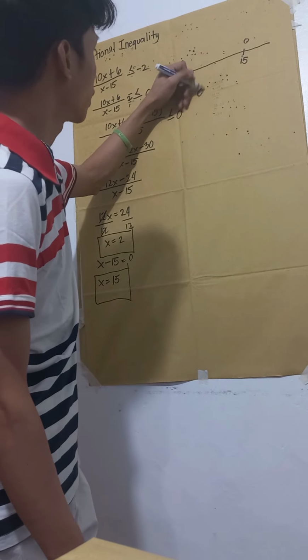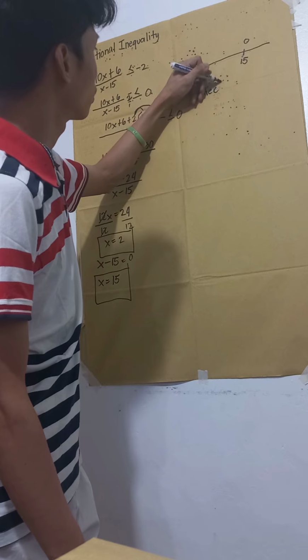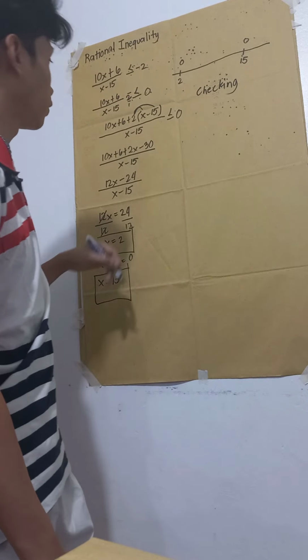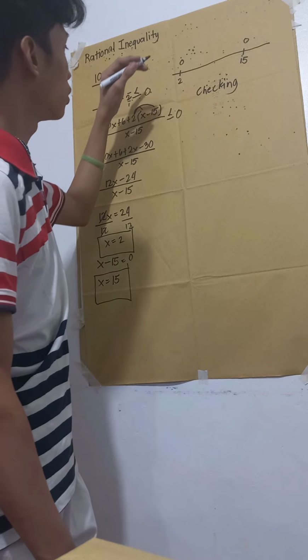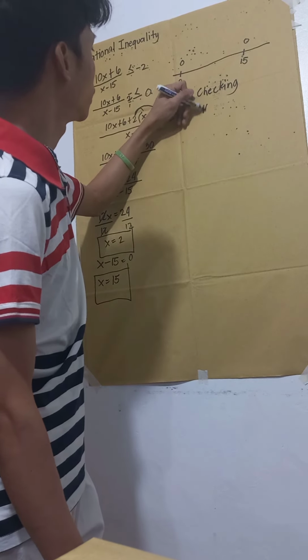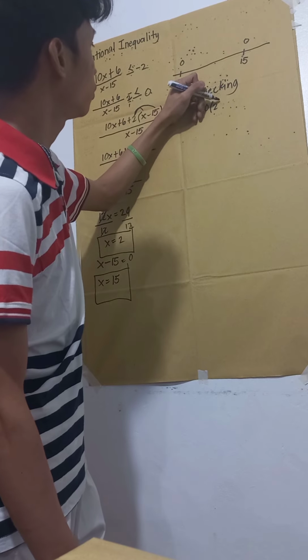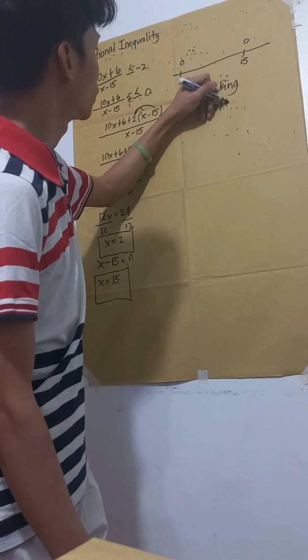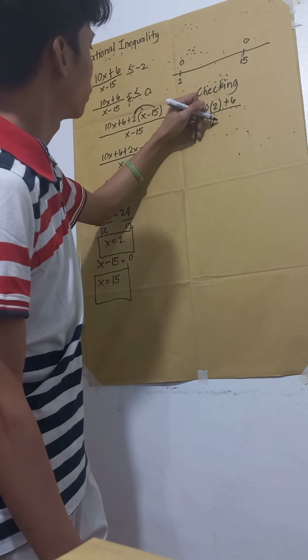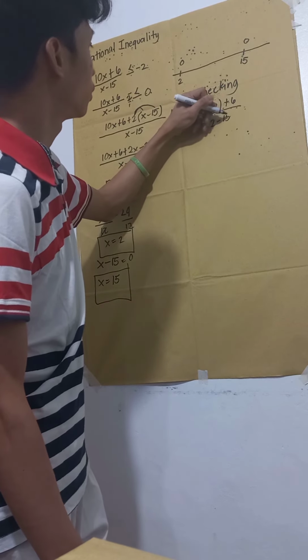Checking if positive 2 is a solution. We're going to substitute it, which is 10 multiplied by 2 plus 6 over 2 minus 15.